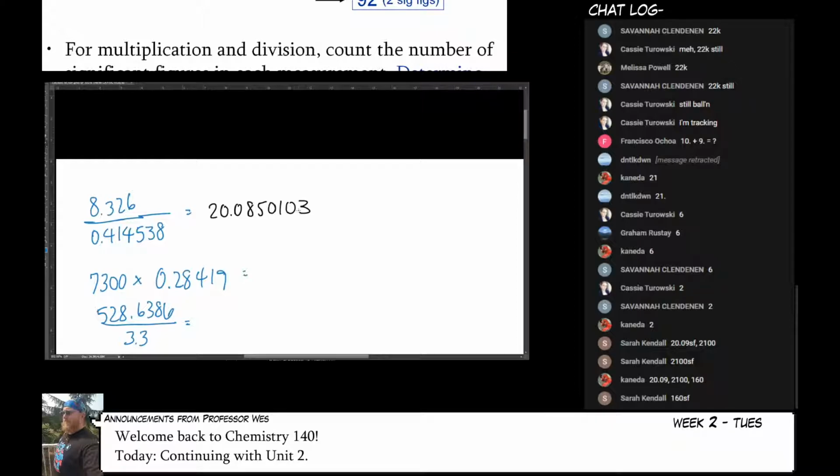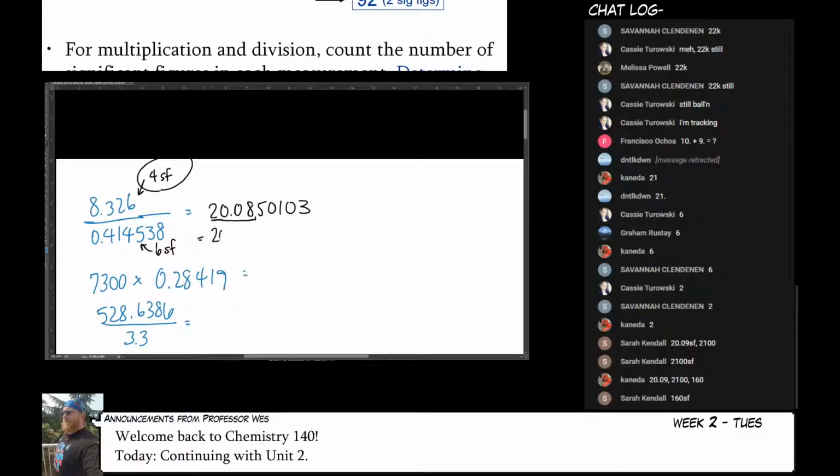How many should I keep? Well, this number up here has 4 sig figs, and this number down here has 1, 2, 3, 4, 5, 6 sig figs, which is smaller. 4 is smaller than 6, so I'm going to keep the first 4.